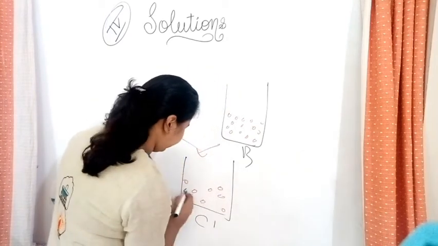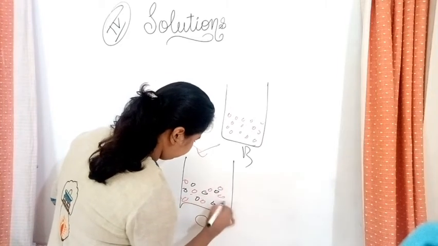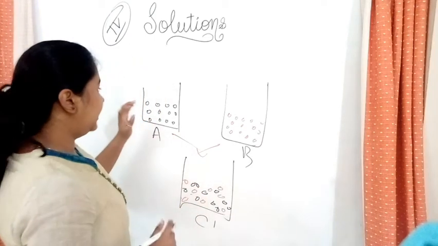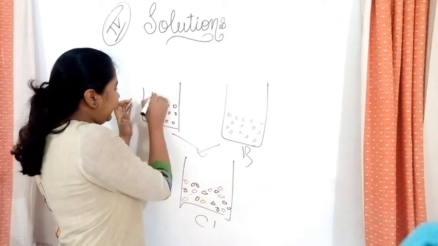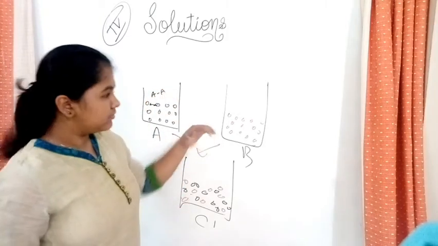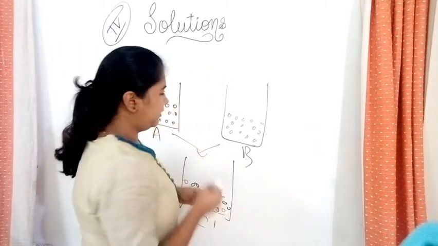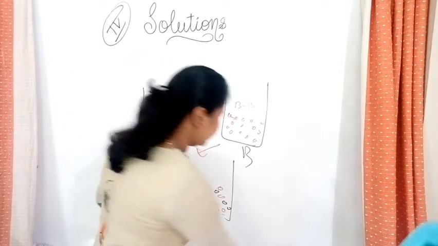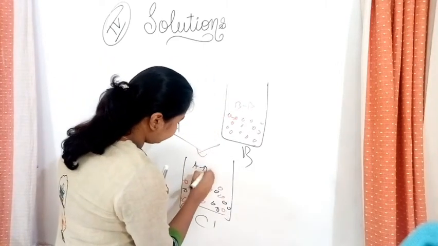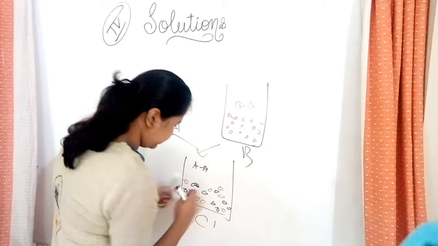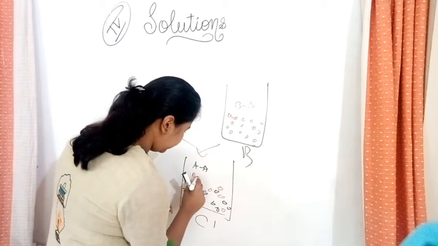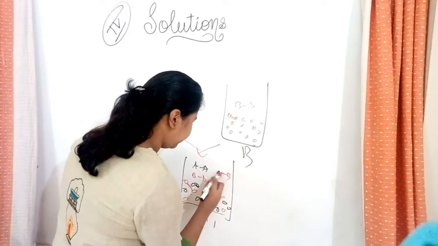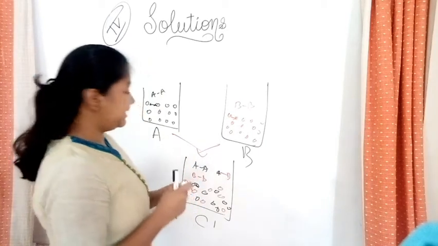What is happening over here? Here there is only AA interactions, and over here there is only BB interactions. But over here there are AA interactions, BB interactions, and AB interactions also.